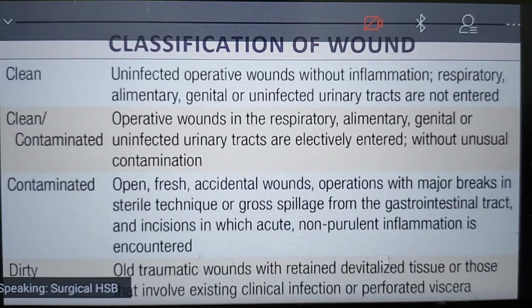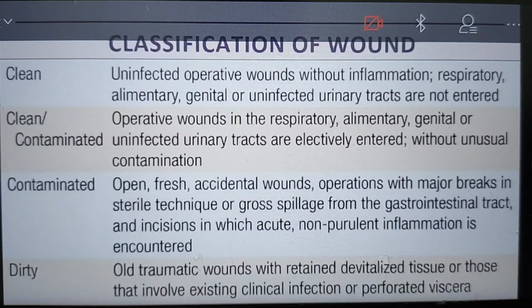The next one is clean/contaminated, where the operative wounds in the respiratory, alimentary, genital or uninfected urinary tracts are electively entered without unusual contamination.